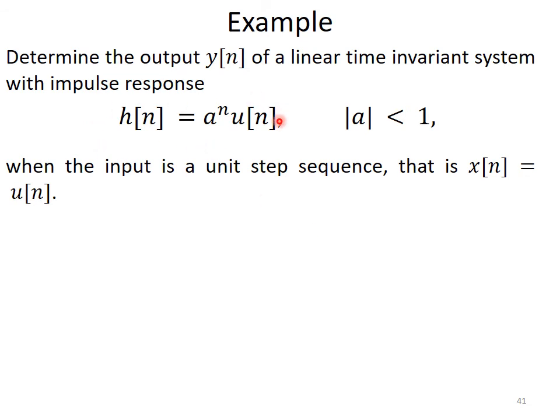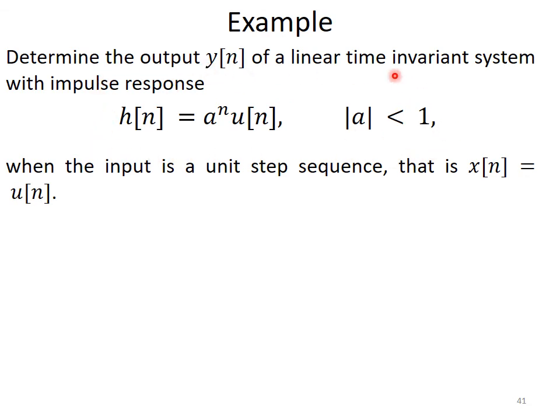Here is another example in which we are given the impulse response of the system given by this equation, h of n equal to a power n into u of n, where the magnitude of a is less than 1 and u of n is basically the unit step function.